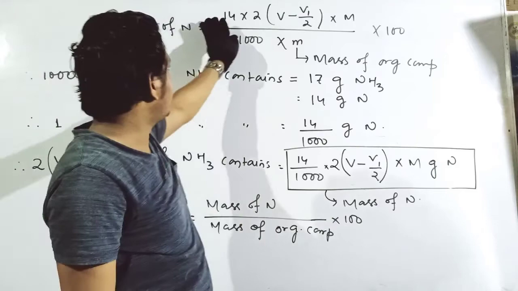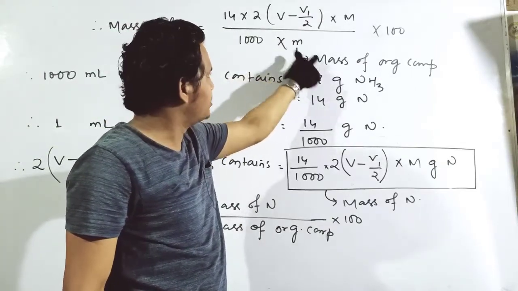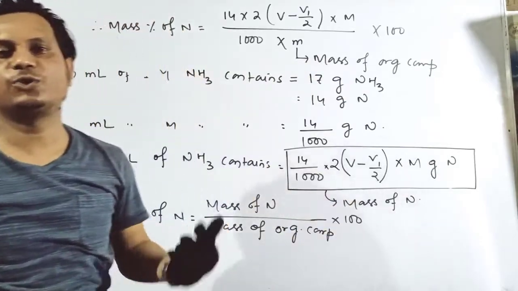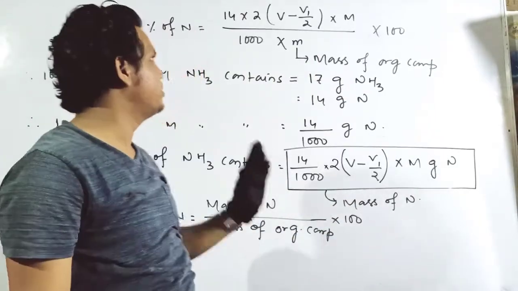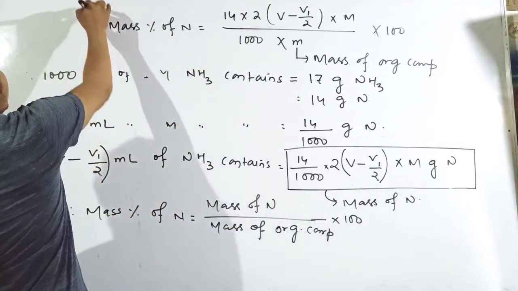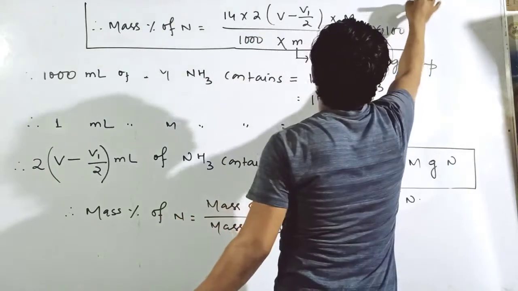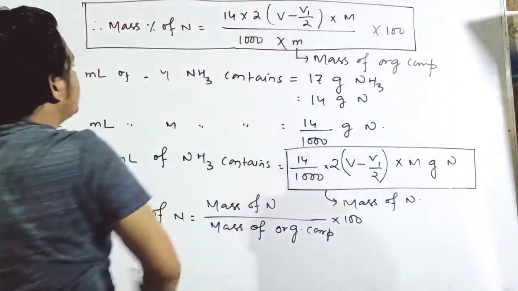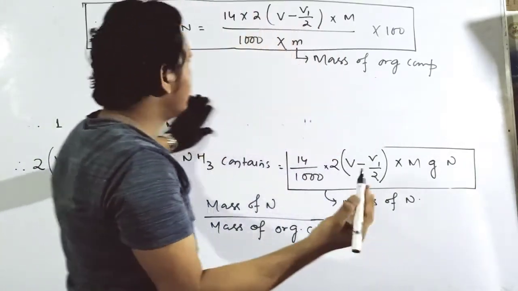So given mass of nitrogen by total mass, meaning mass of organic compound, into 100, the result that comes will be the mass percentage of nitrogen. So finally from the Kjeldahl method we got this formula. Now you can simplify it.